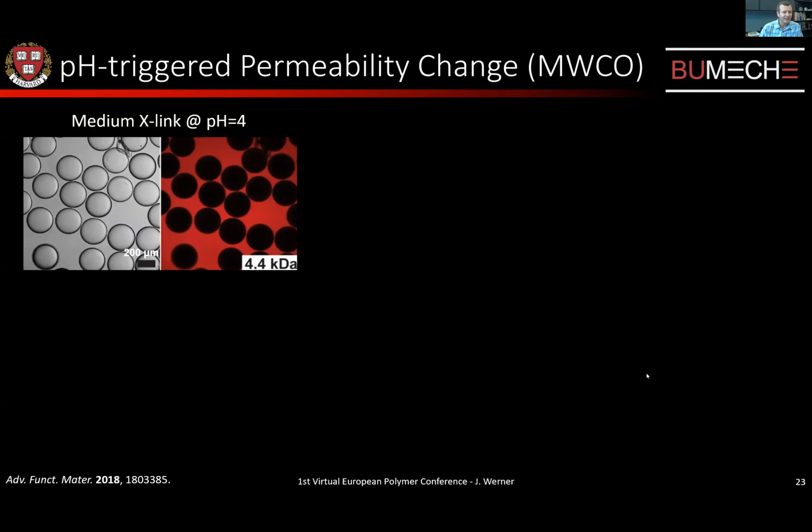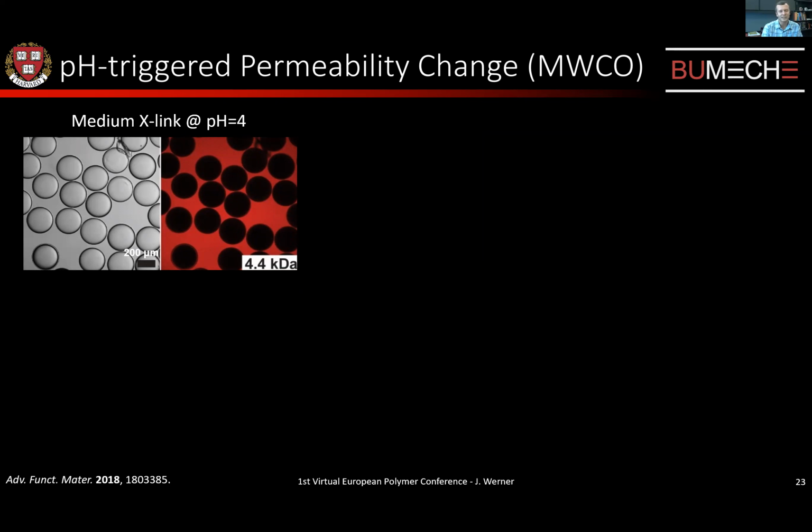Now, the swelling of the shell and the pH responsive size change of these capsules, of course, is one thing, but we were interested in how that impacts permeability. So here you see these medium cross-linked shells at pH 4, where they're impermeable to a 4.4 kilodalton fluorescent probe. Dextran is the probe we're using here.